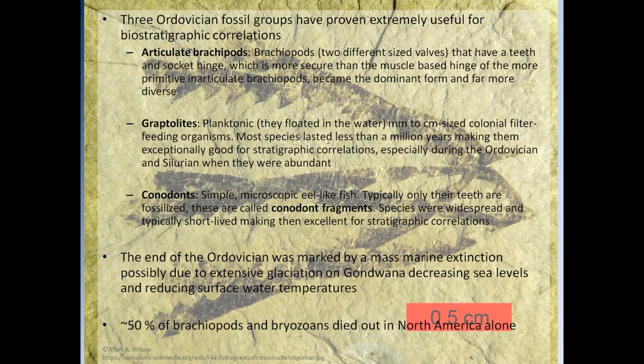So we see lots of organisms dying out at the same time. And to give you some kind of idea, approximately 50% of brachiopods and bryozoans died out in North America alone during this period. So as the Tippecanoe Epeiric Sea retreats, we see about 50% of brachiopods and bryozoans dying out. So it was a pretty big extinction event.